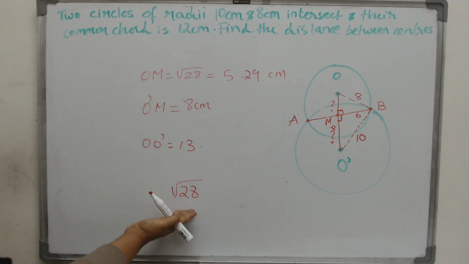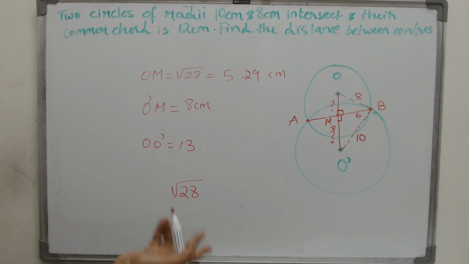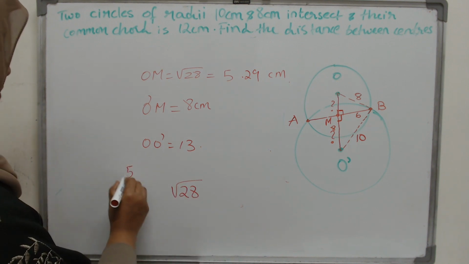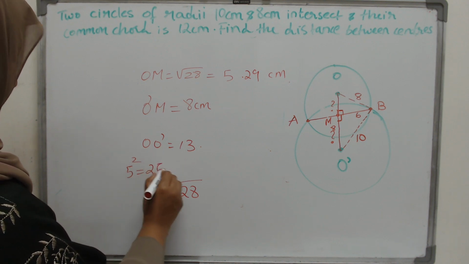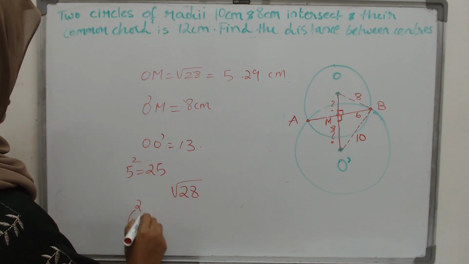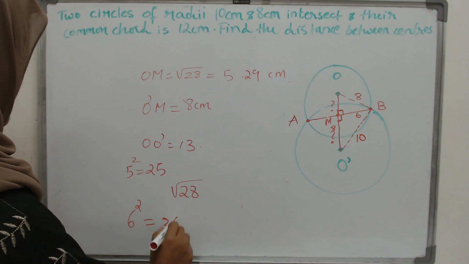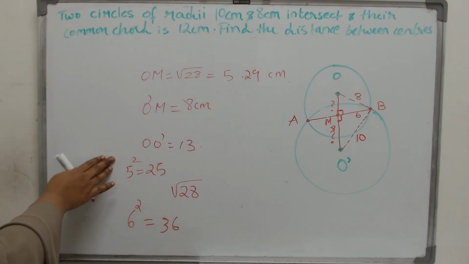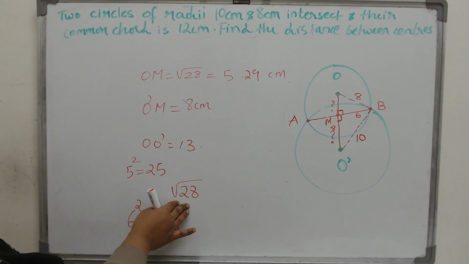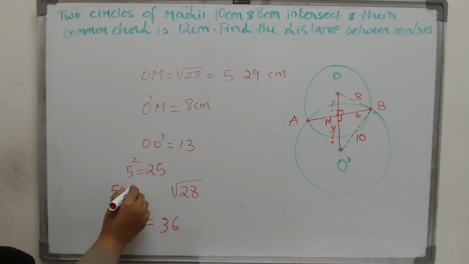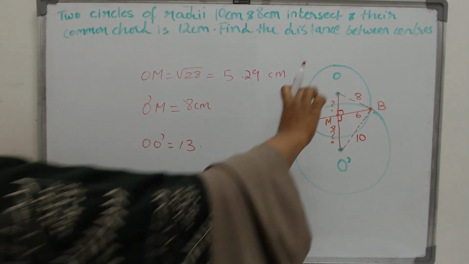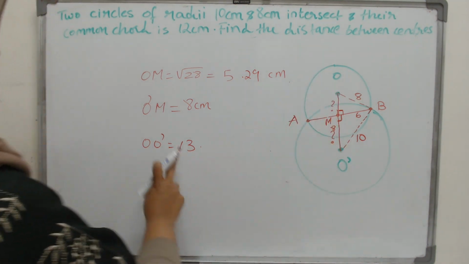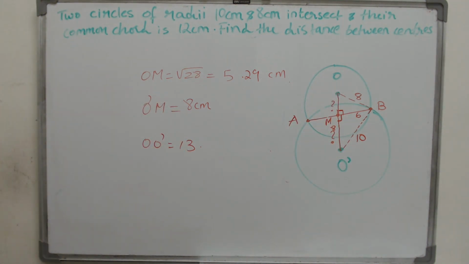Now go to the smaller square. 3 square is 9, 4 square is 16, 5 square is 25, and then the next square comes at 6 square, which is 36. So this lies between the squares of 5 and 6. So its square root will be 5 point something. 5 point something plus 8, so the whole distance is what? It is 13. Add both of them, you will get 13.